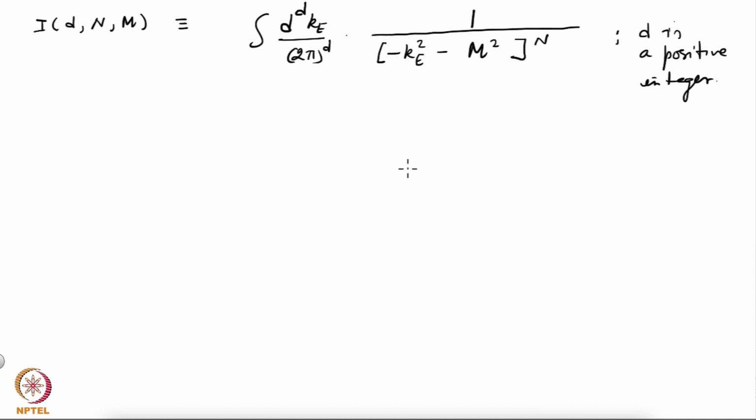Okay, let us now evaluate this integral. The result will be, of course, a function of m and d and n, and that is why I have put these labels here in the argument of the integral.